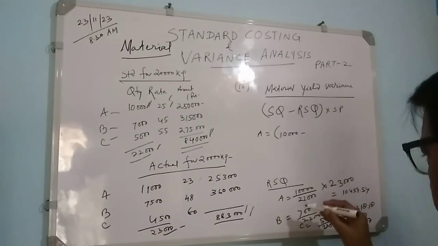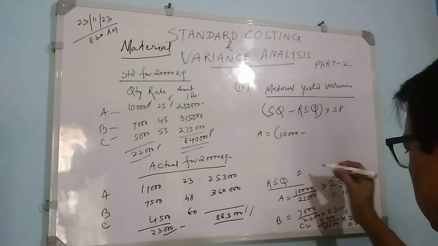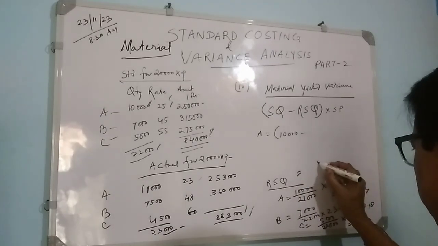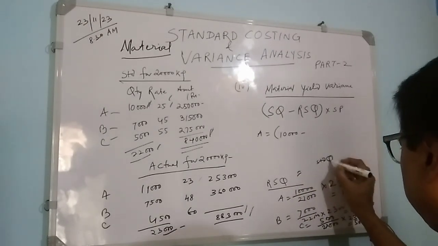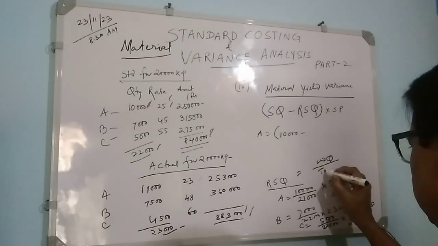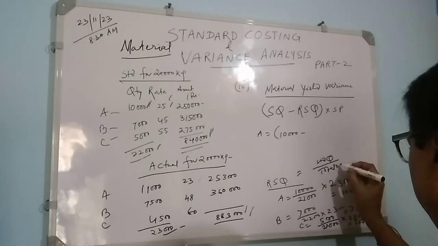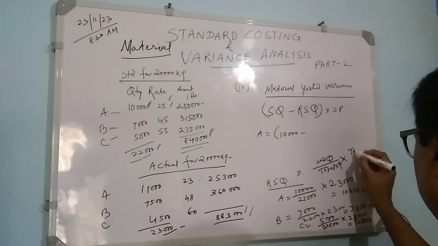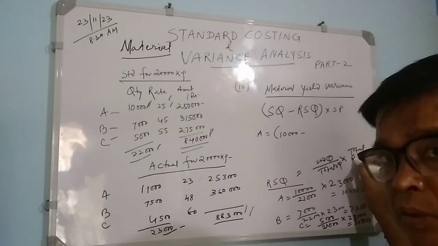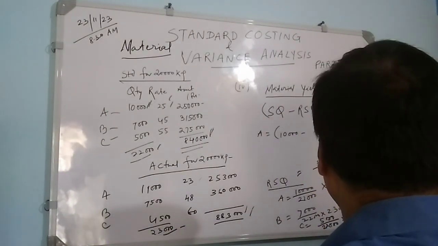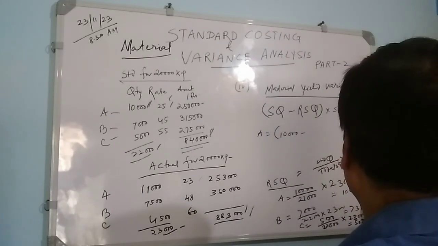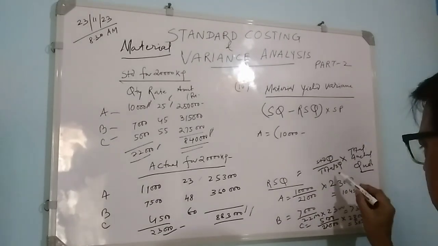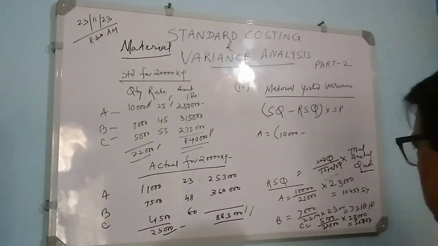So the revised standard quantity formula is the component-wise standard quantity by total standard quantity into total actual quantity. You have to keep in mind the total actual quantity. So revised standard quantity equals standard quantity by total standard quantity into total actual quantity.